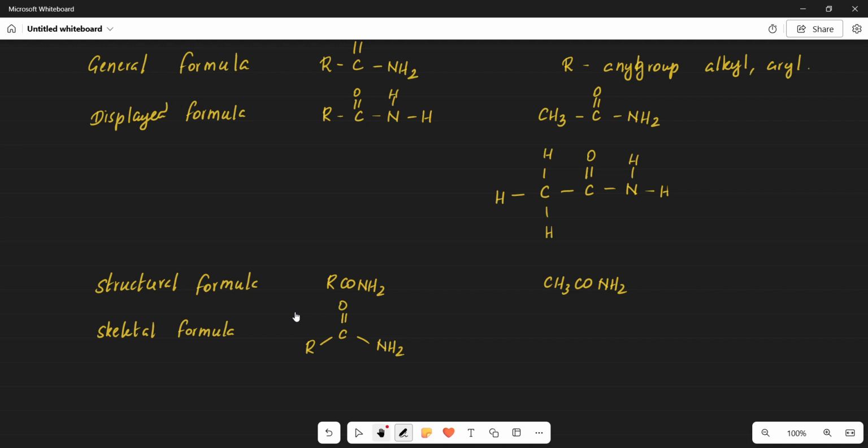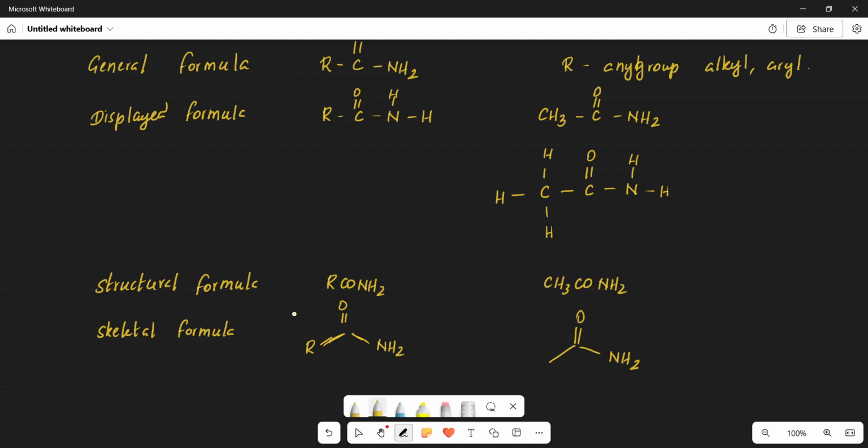In the skeletal formula, we don't show the carbon, so simply it will be black. So I'll have something like this. For example, CH3 we don't show, double bond O NH2. So this is the skeletal formula of the example I have taken.